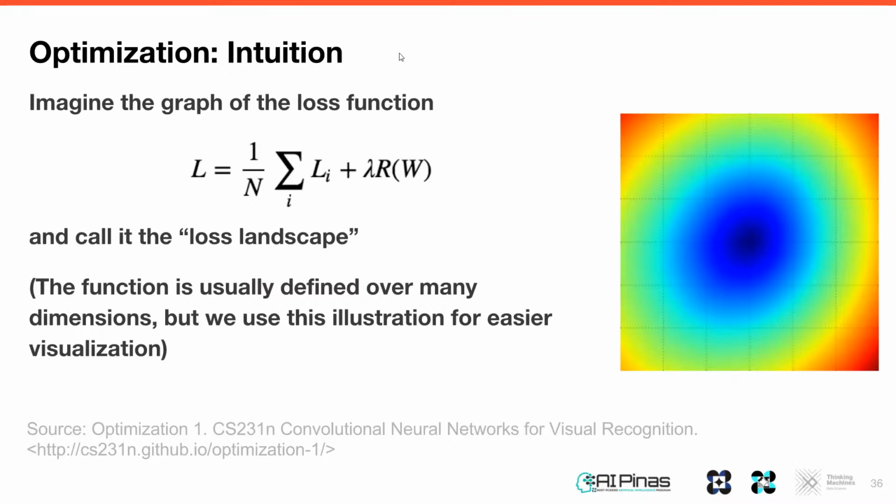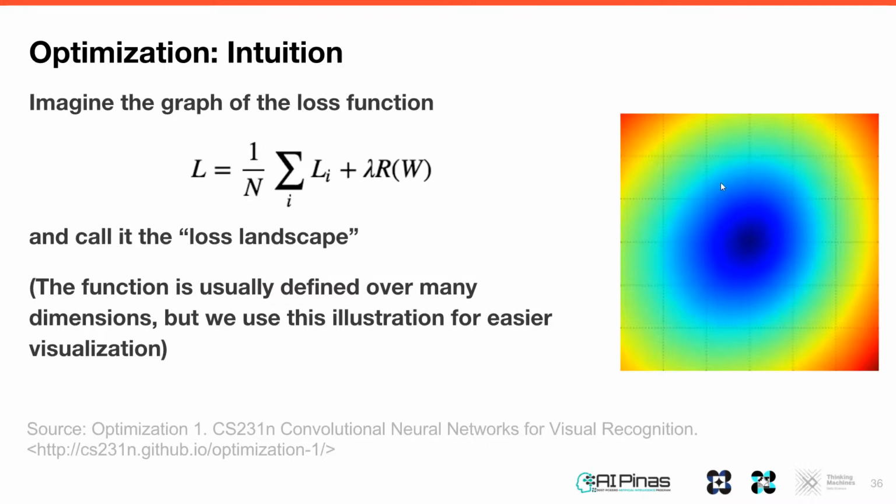So let's make sure that we understand the intuition behind optimization. Recall that we calculated a loss function L, where L consists of the data loss and some regularization loss. Now, you can take a graph of the loss function and call it the loss landscape. This function is defined over many dimensions.